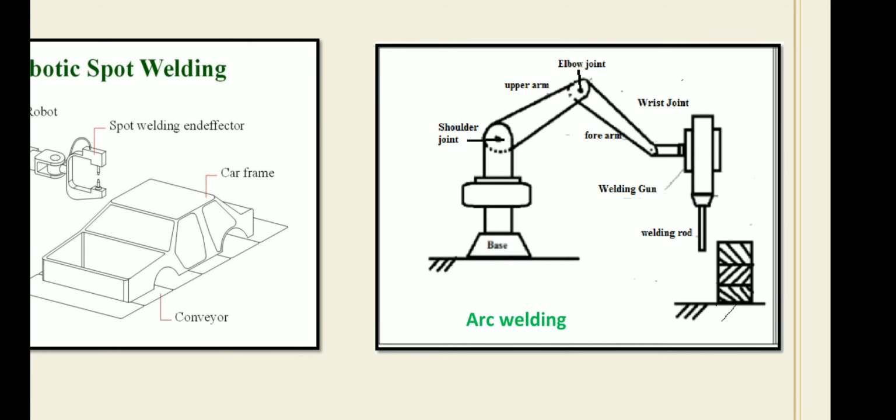Arc welding is a major operation used in the manufacturing sector. Arc welding is a continuous welding process, as opposed to spot welding, which might be called a discontinuous process.